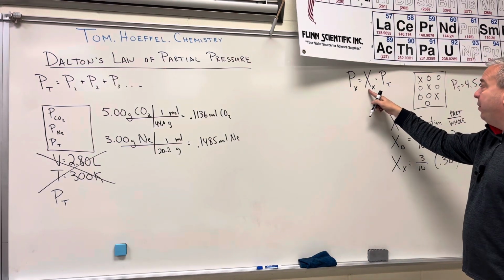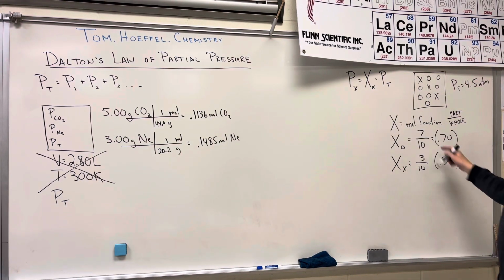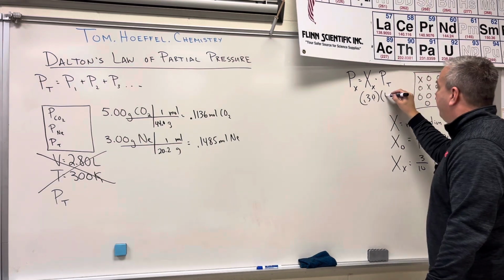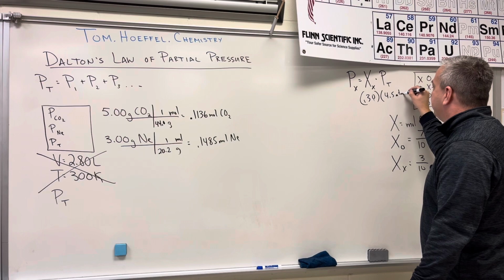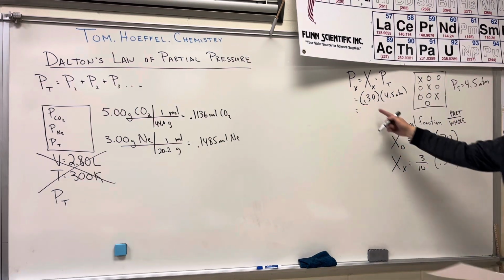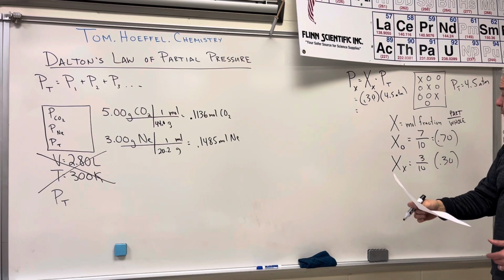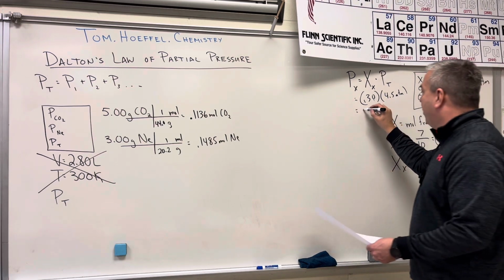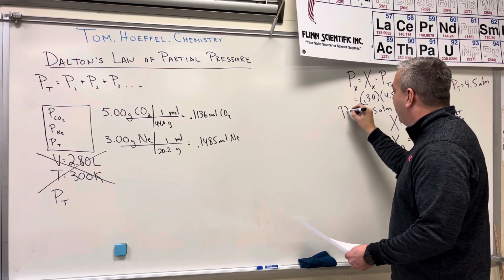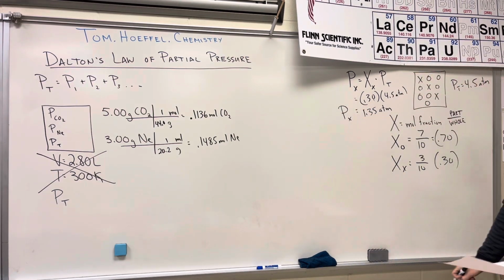Well, I would just take the mole fraction of X's, which is 0.3 or 30%, of 4.5 ATMs, which will give you the portion that comes from the X. And 0.3 times 4.5 is going to give me 1.35 ATMs. This would be the partial pressure of the X, okay?